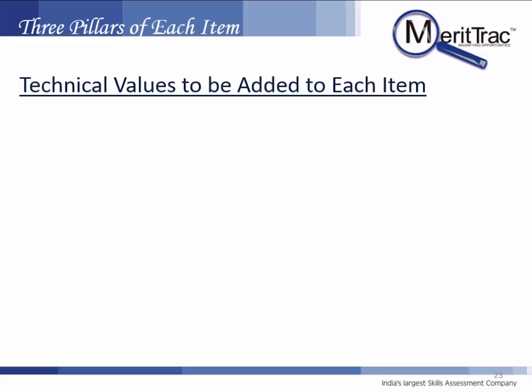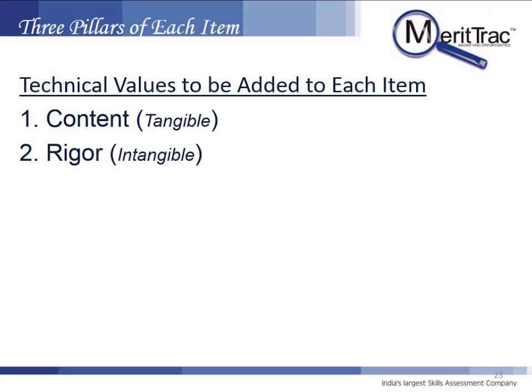Technical values to be added to each item. So 3 pillars are there for each and every item. The first pillar is content, which is tangible; people can check and test whether it's fitting into a particular domain, subdomain, topic, subtopic or not. Then of course rigor or the difficulty level, which is to some extent intangible.